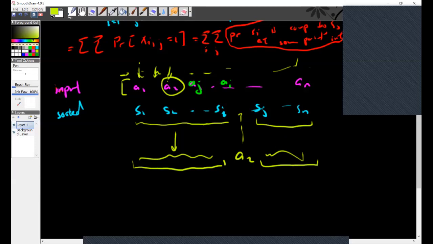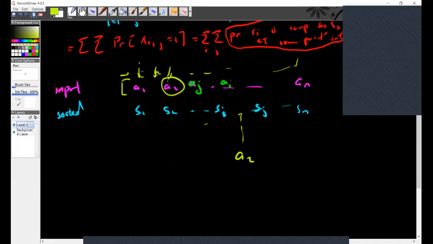But the point I'm trying to get at is that if I randomly picked A2, and A2 corresponded to some element, let's call it SP, which was the same element in the sorted array, then when I pick A2 as the pivot, it's the same as saying I picked SP as my pivot, right?